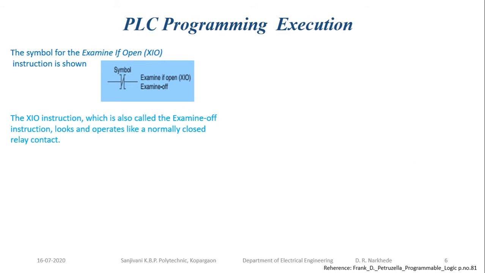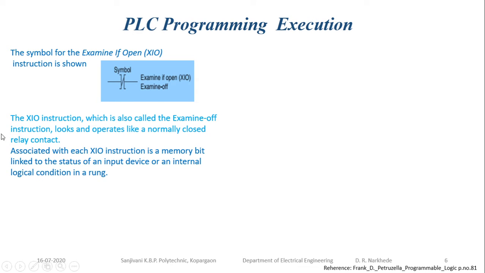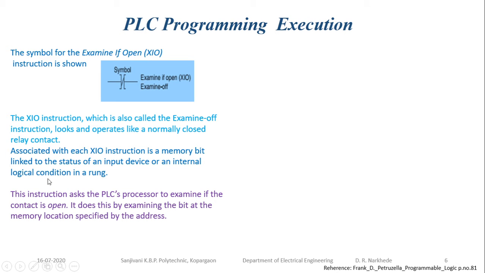The examine if open instruction, also called XIO, looks and operates like the normally closed relay contact. It is similar to the NC contact of a contactor. This instruction is associated with a single memory bit linked to the status of input devices or an internal logical condition of the rung. It asks the PLC processor to examine if the contact is open or not.